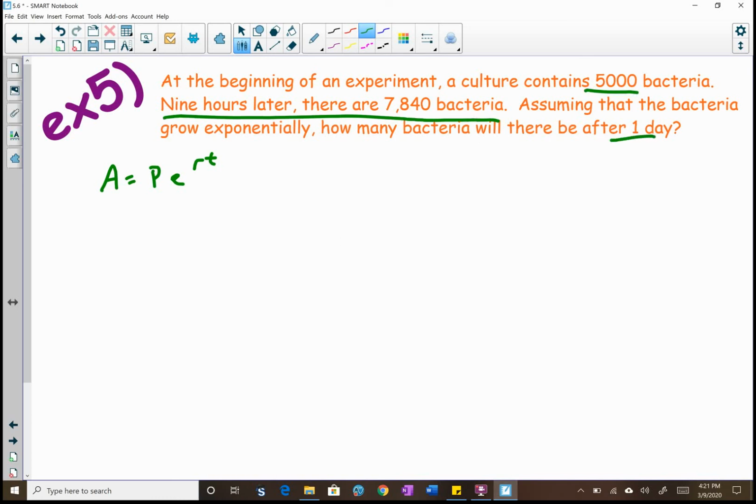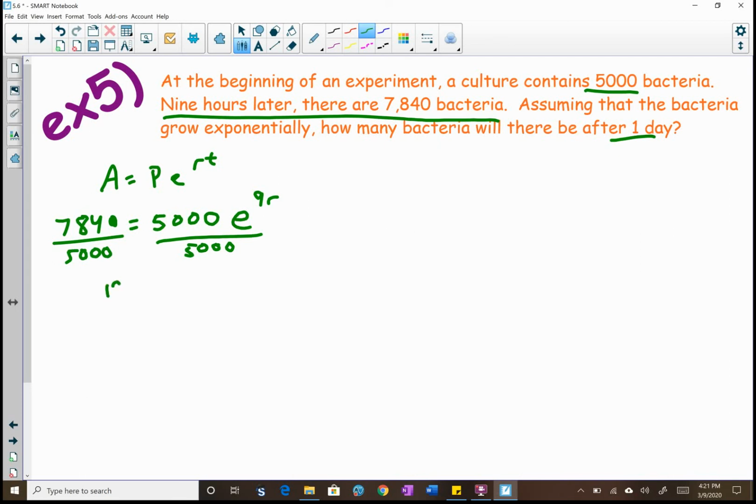So I know I start with 5,000 bacteria. 9 hours later, so I'm going to plug in 9 for T. I know it was 7,840. Let's divide by 5,000. Let's type that in, reduce.